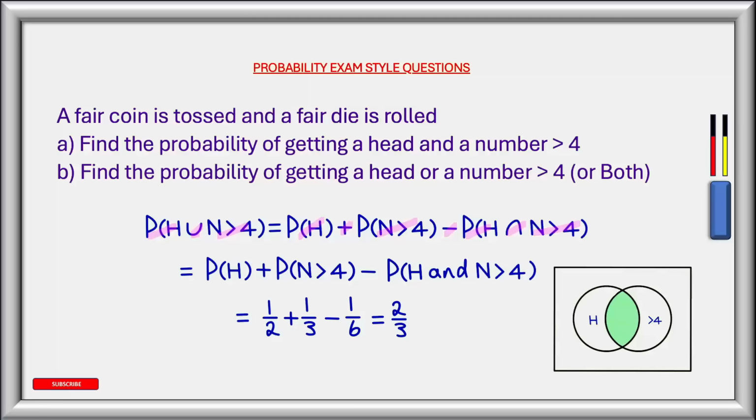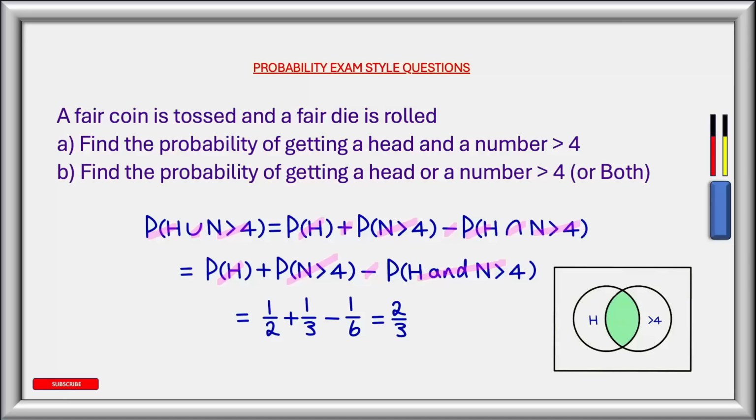Note that the intersection of the two, represented by this green shaded region, appeared in both scenarios, and so we have to subtract one of them to avoid double counting. So to calculate the probability, we need the probability of a head plus the probability of rolling a number greater than 4 minus the probability of flipping a head and rolling a number greater than 4.